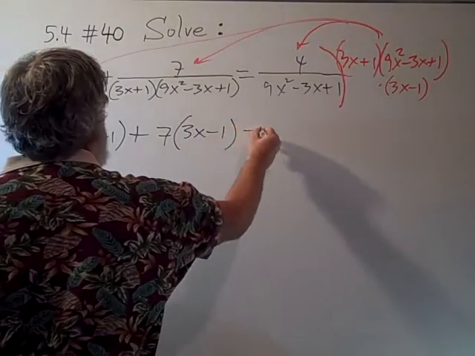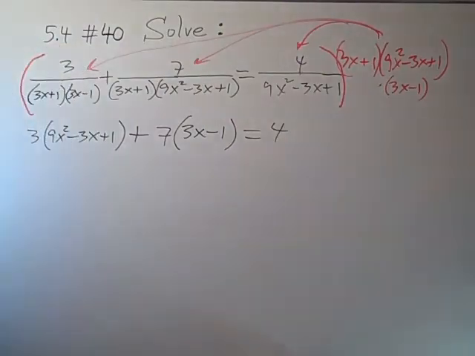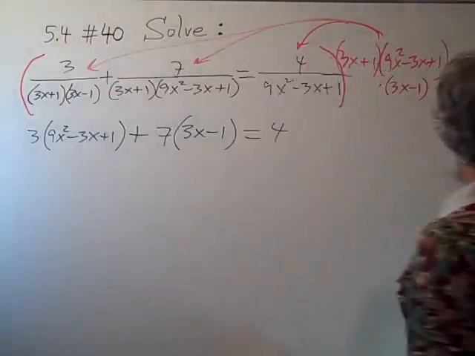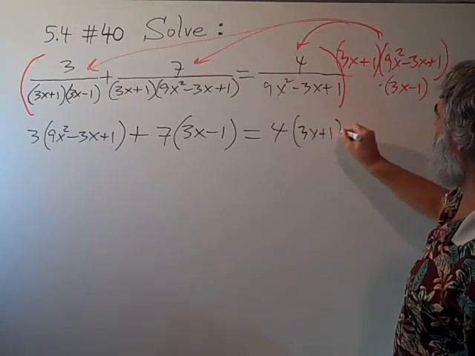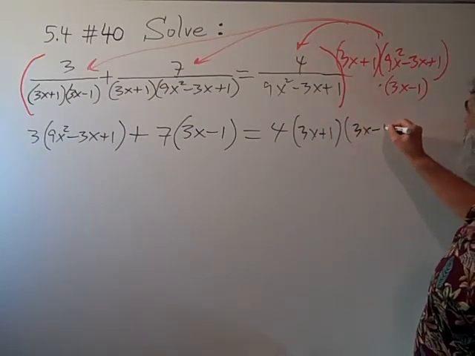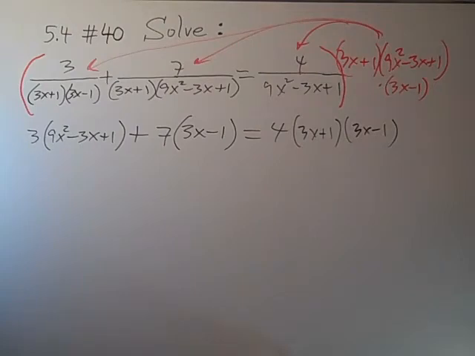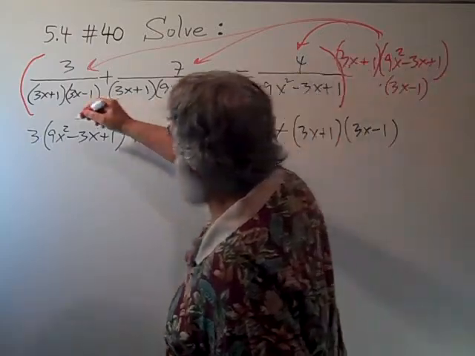And on the right side of the equal sign, you've got 4 times the 9x squared minus 3x plus 1 cancels, but you're left with 3x plus 1 times the 3x minus 1. Okay, now we got rid of the denominators.